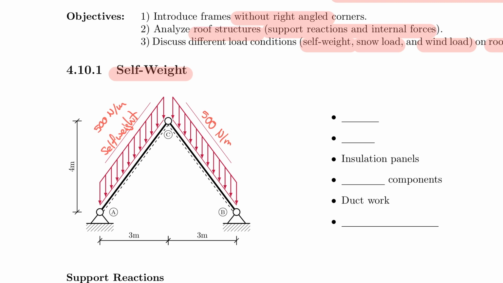And what does that mean? So when do we have these cases? Again, 500 Newton per meter is probably not a very realistic value, but it gets the educational point across.